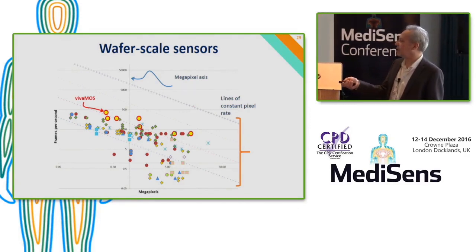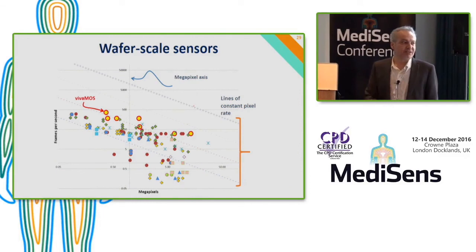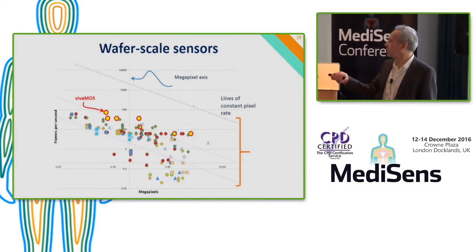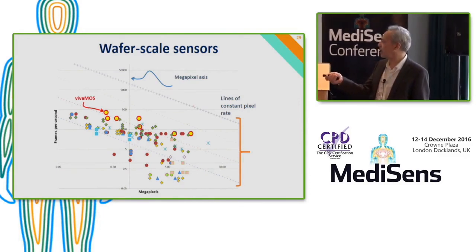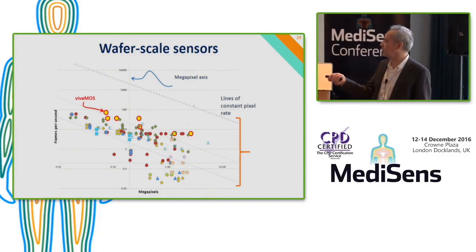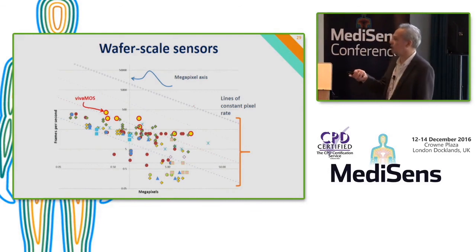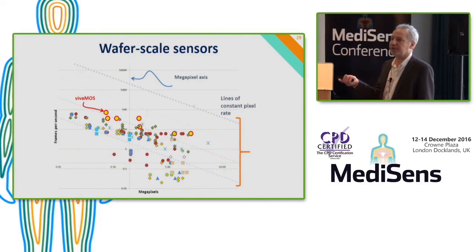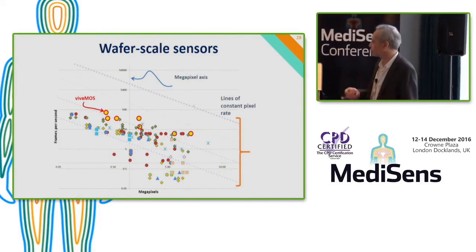And these are most, if not all, of the wafer-scale sensors in the field. And you can see where they stand, and they are slower than the other ones. And these are the sensors commercialized by VivaMOS, which I designed when I was at RAL, which is one of the fastest in the field, providing 30 frames per second at almost 7 megapixel resolution.